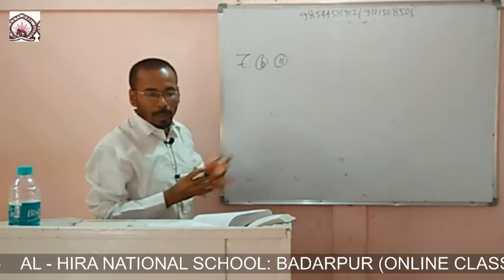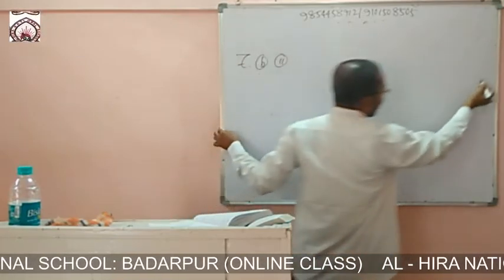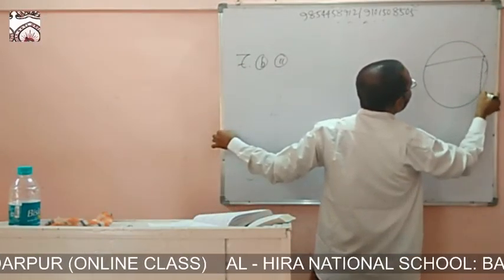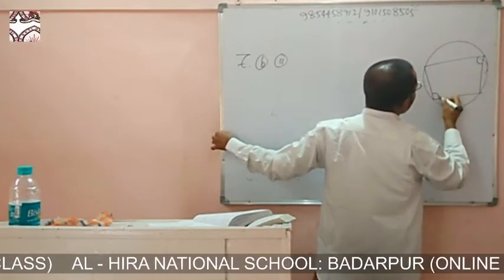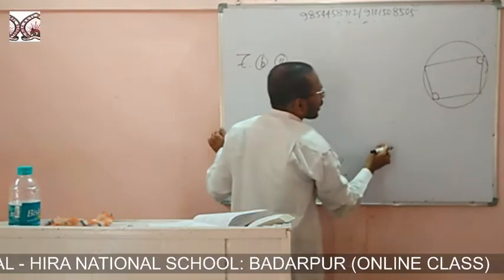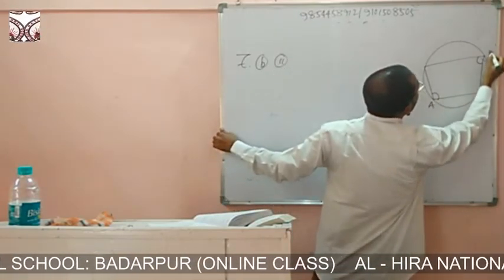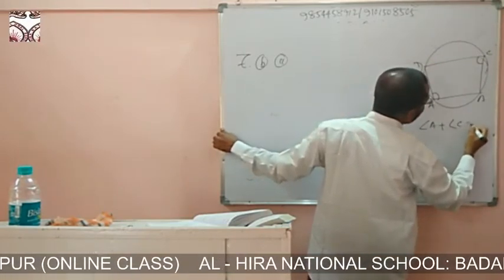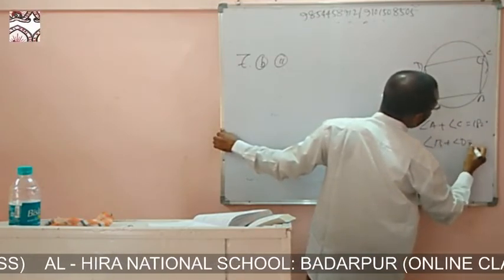What is a cyclic quadrilateral? Do you know what a cyclic quadrilateral is? If a quadrilateral is there, then it is a cyclic quadrilateral, and the condition is that the opposite angles of a cyclic quadrilateral sum to 180 degrees. So A, B, C, D: angle A plus angle C will be 180, and angle B plus angle D will be 180.